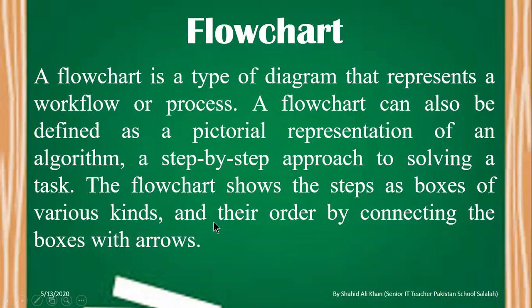So flowchart have different kinds of boxes. They have a specific meaning, and in those boxes we have to mention certain tasks which we want to perform to achieve or to solve the particular problem. And to connect those boxes we use different arrows.